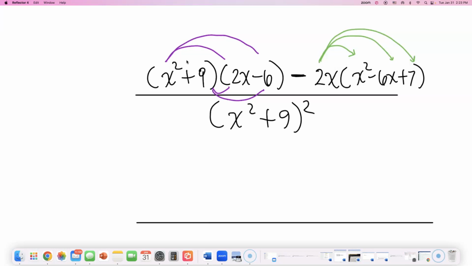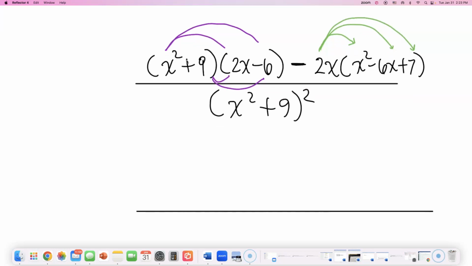Alrighty, let us simplify this numerator by foiling and distributing, okay? So if you FOIL these purple lined expressions, that will be 2x to the third power minus 6x squared plus 18x minus 54. If you distribute that parenthesis over here with the green lines, that's going to be minus. Now be careful with the signs though, okay? Because we're distributing a negative term, all of these will switch sign.